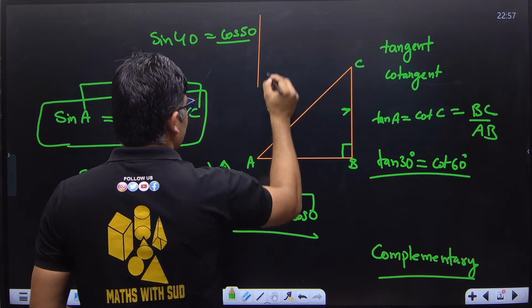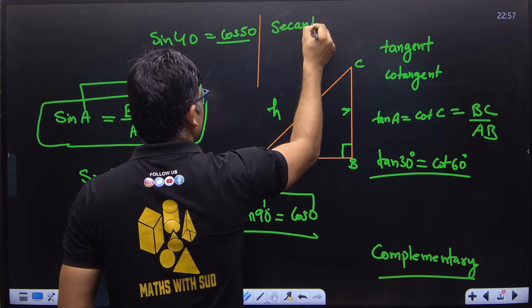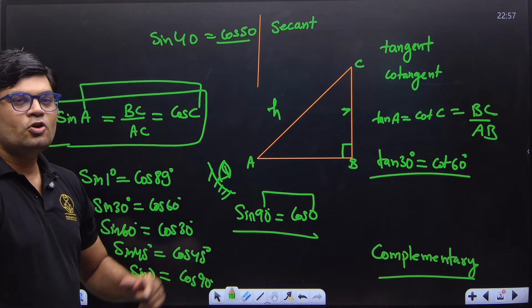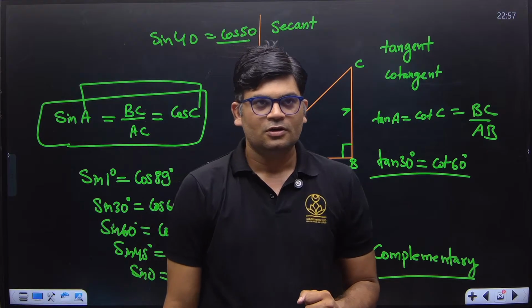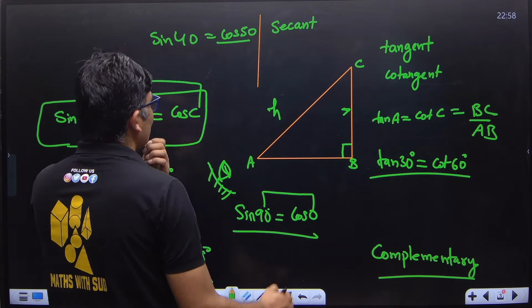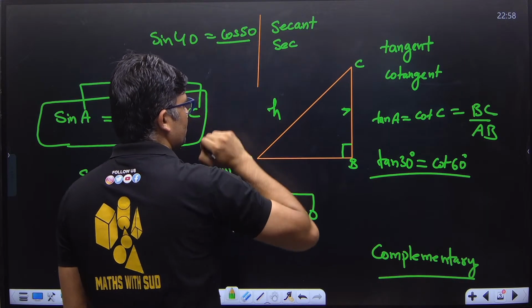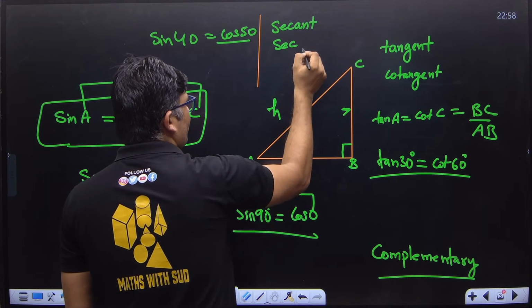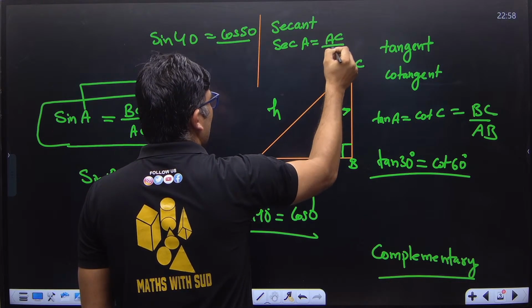So one is known as secant. Secant is the reciprocal of cos. In short we write it as sec. So sec of A is actually AC upon AB.